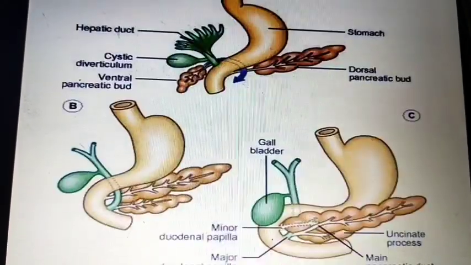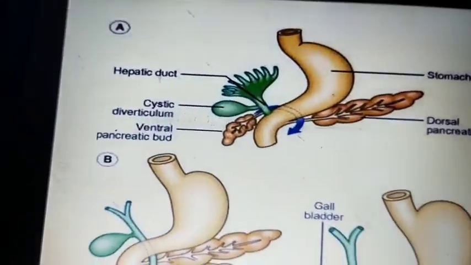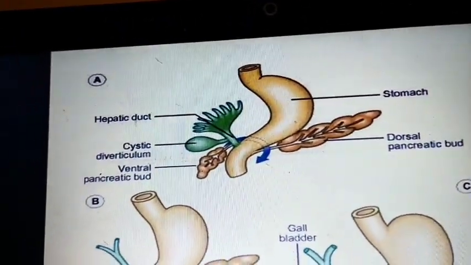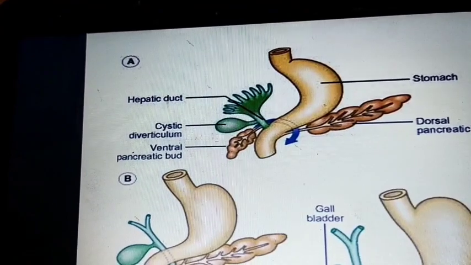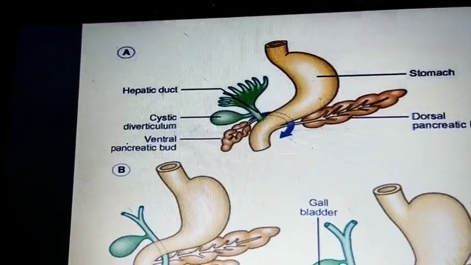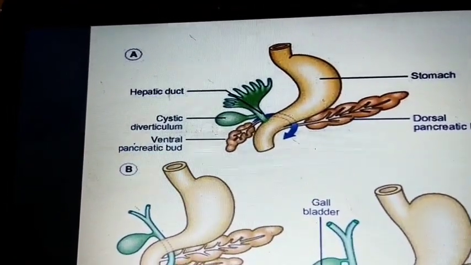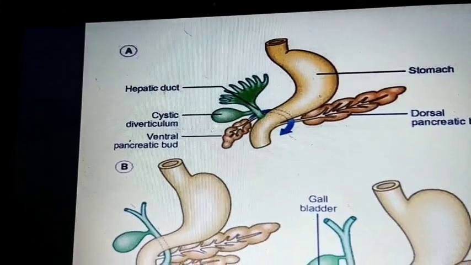Okay, I will briefly explain. You can see this is the hepatic duct and this is the gallbladder diverticulum or cystic diverticulum, and this is the ventral pancreatic duct.